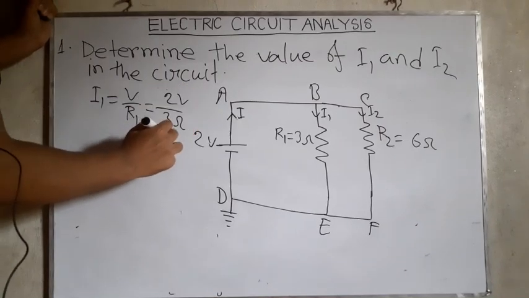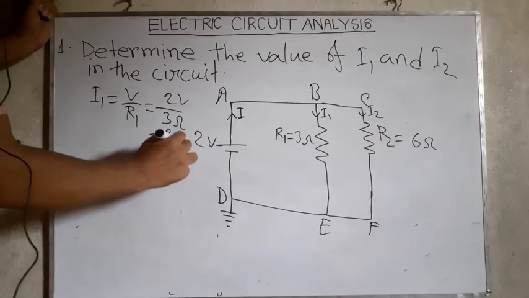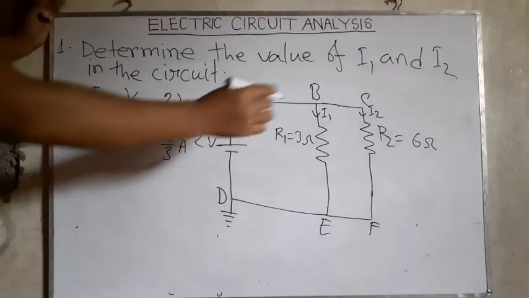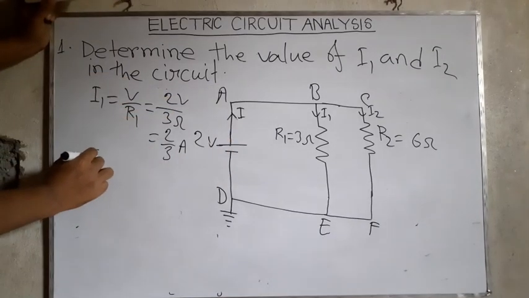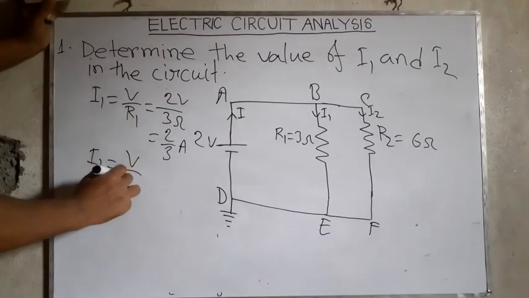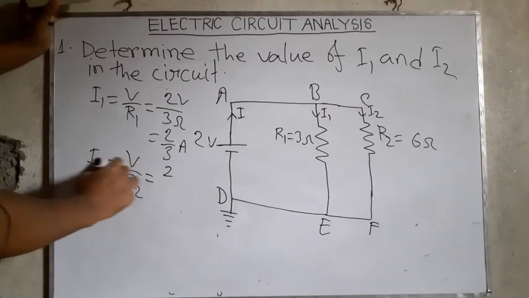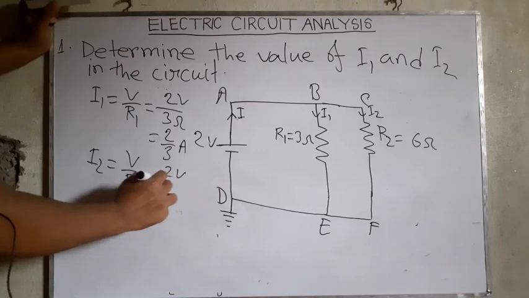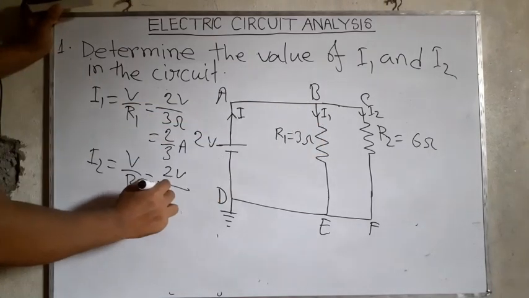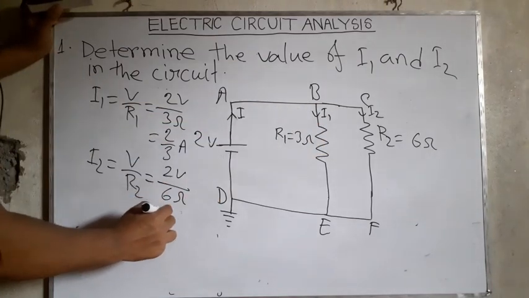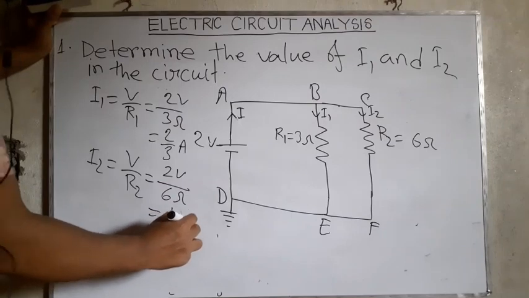That is 2 by 3 ampere. And the current flowing through the resistance R2, that is I2, is equal to V divided by R2, with voltage 2 volt and resistance 6 ohm. This is equal to 1 by 3 ampere.